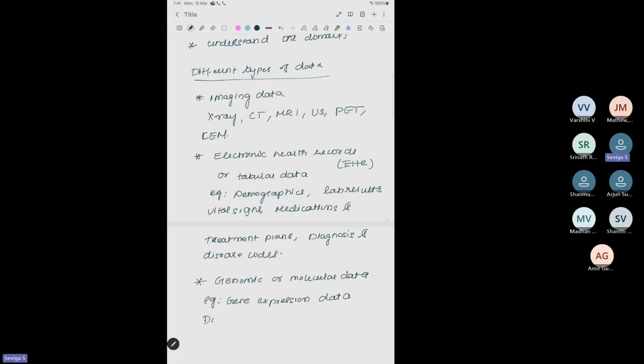DNA sequencing, proteomics, or metabolomics. So these are all high dimensional data. You can use any one of those things for this one.